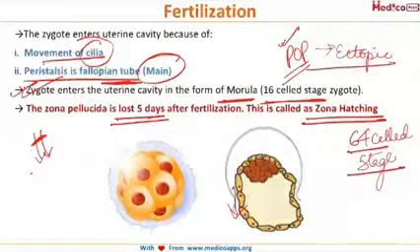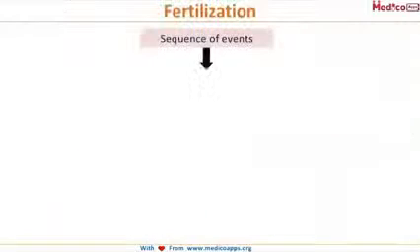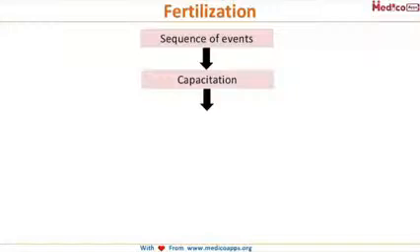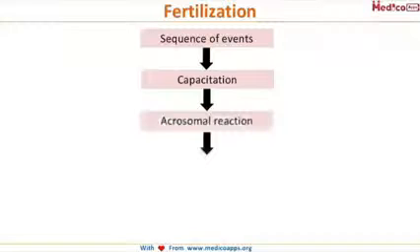Now if we sum up the sequence of events that are occurring in fertilization. So first, capacitation occurs. The sperms become capable of fertilizing the ova. They go and attach to the zona pellucida, and it causes the release of enzymes from the acrosome of the sperm, which is called acrosomal reaction.